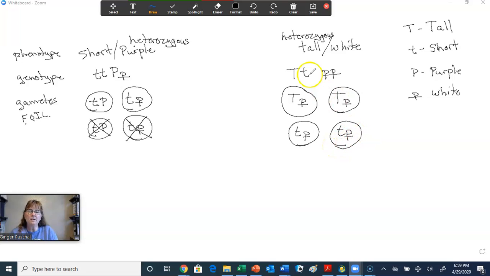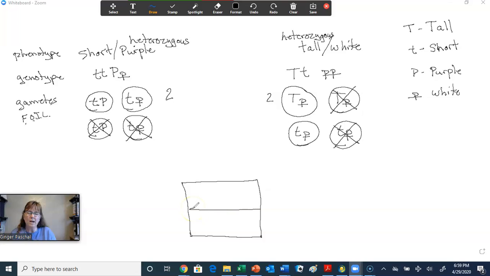Then when we examine these, we see that these two are the same, so we only need to keep one of them. We see these two are the same, so we don't need to keep the repeat. The nice thing about doing it this way is you'll notice there are two gametes here and there are two gametes here. The wonderful thing about this is we can do a 2 by 2 Punnett square instead of a 4 by 4, which is great. Saves a whole lot of time.